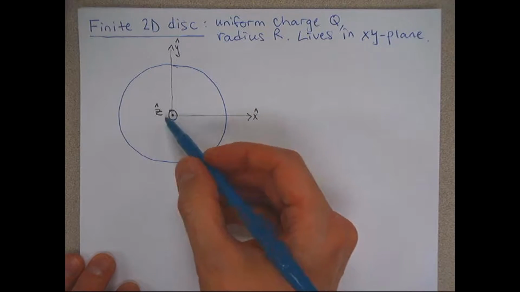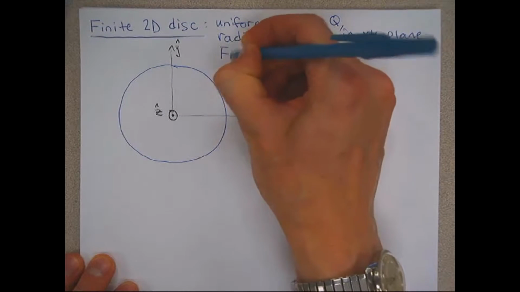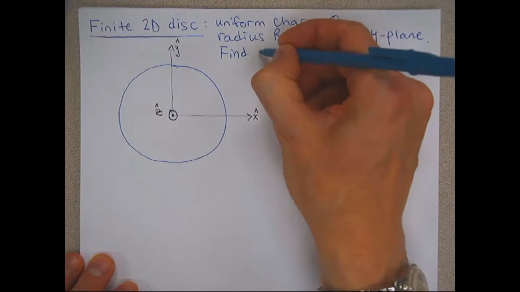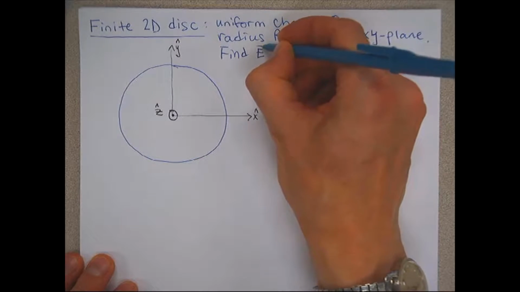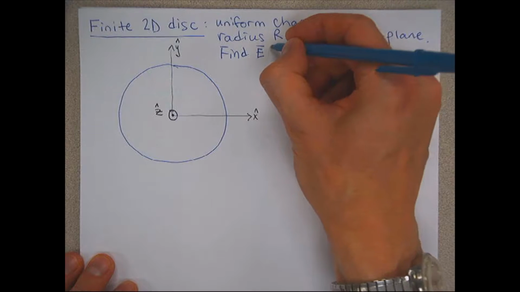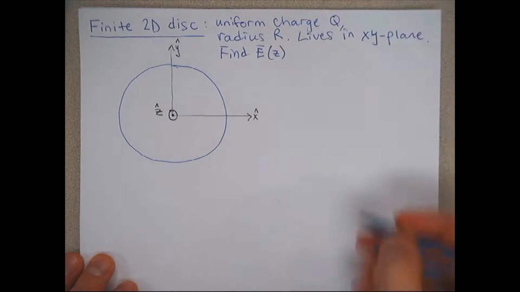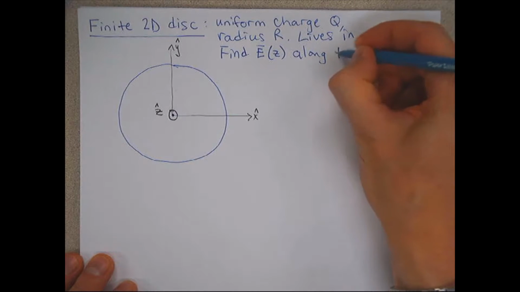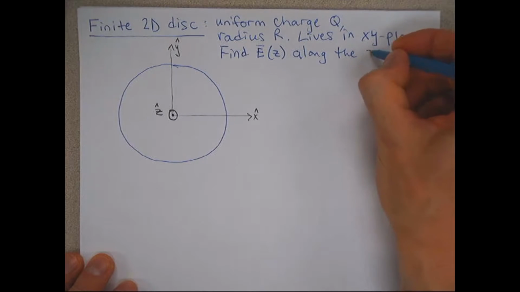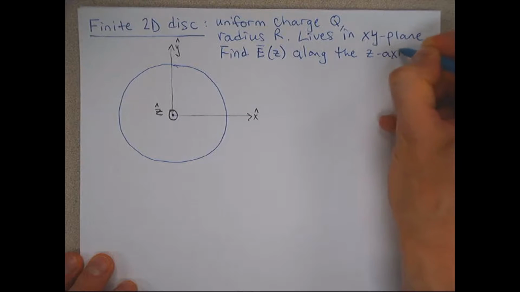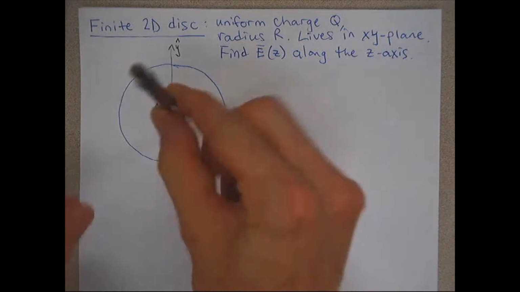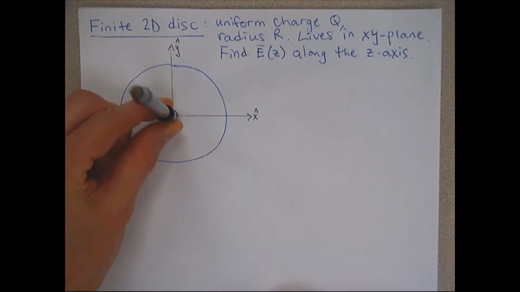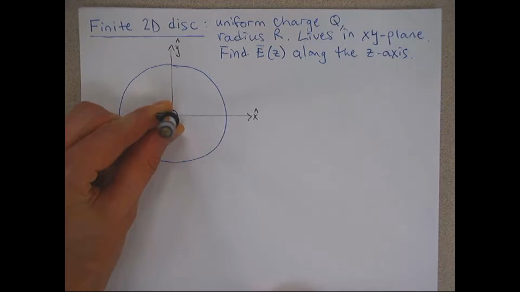Here we want to find the electric field vector as a function of distance z along the z-axis. So you're imagining the z-axis coming out of the page like this.